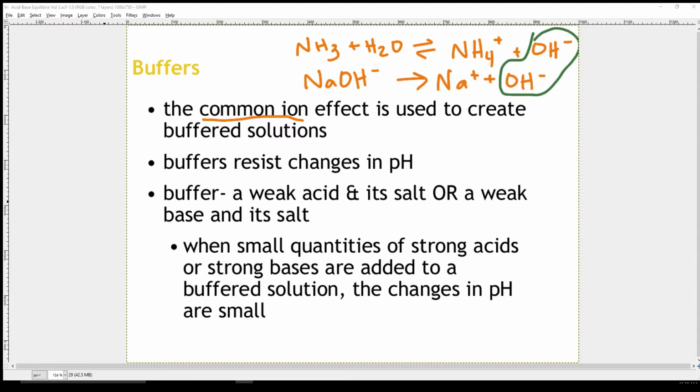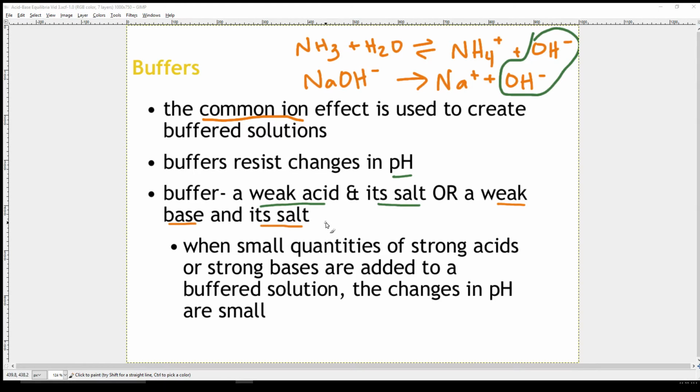So buffers are things that allow you to resist changes in pH. They will keep the pH from changing. Typically a buffer is made up of a weak acid and its salt, or it could be made up of a weak base and its salt.